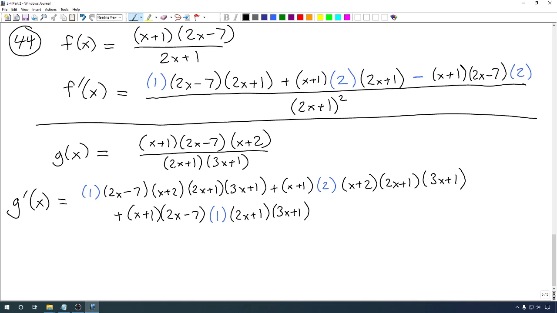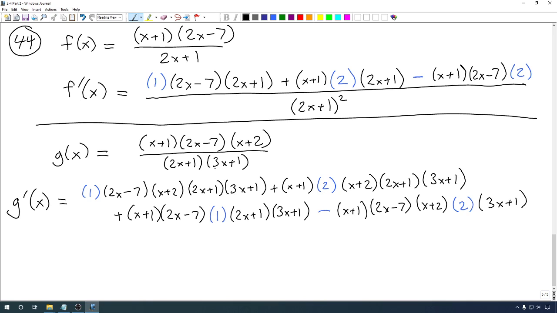My fourth factor is the 2x plus 1. I'm going to differentiate that and get a 2. But since I am dealing with the factor from the bottom, I'm going to have to put a minus sign. So I have a minus. We have x plus 1, 2x minus 7, x plus 2, all the same factors from the top. But I've differentiated the 2x plus 1 to get a 2. And I still have the 3x plus 1.